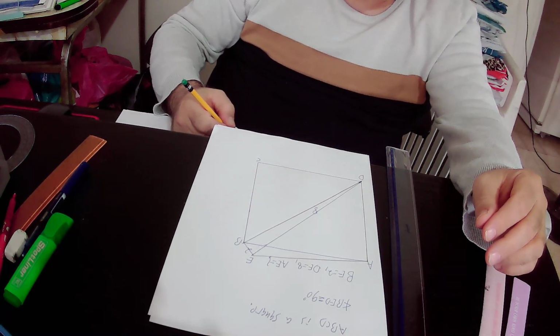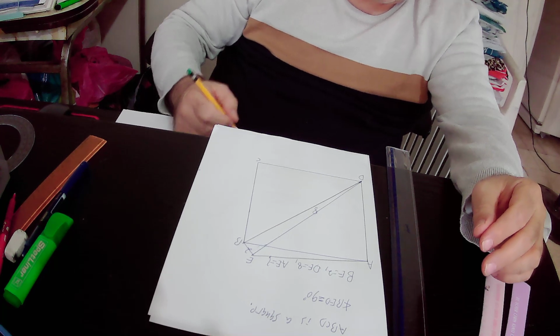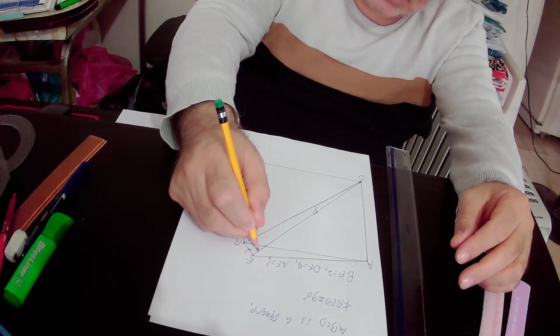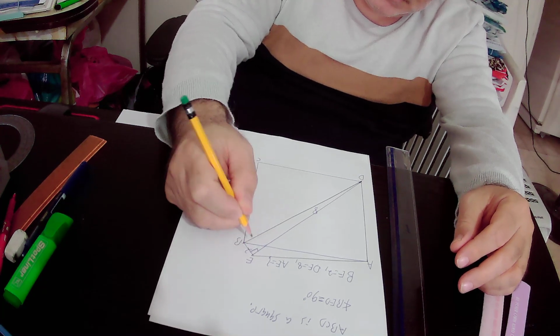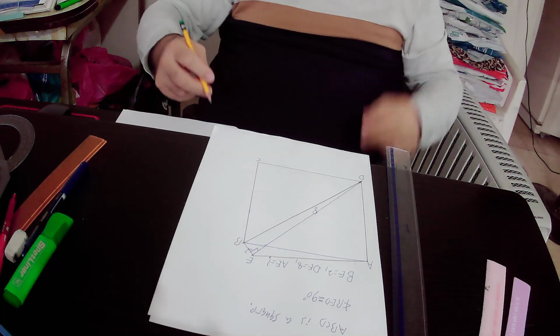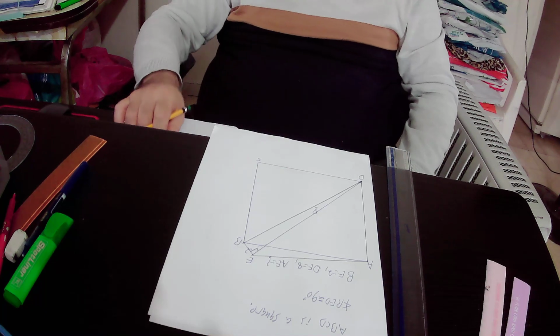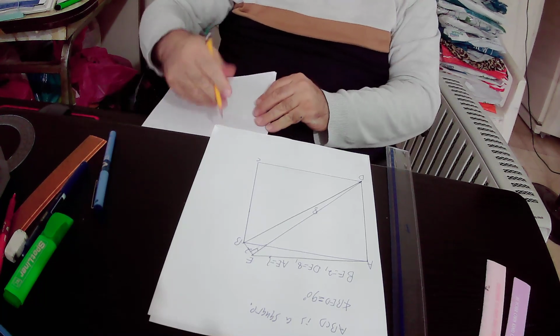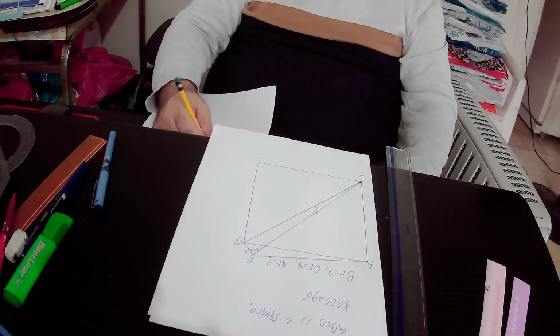And also we know that angle DEB equals 90 degrees. It is a right angle, and therefore triangle DEB is a right triangle.